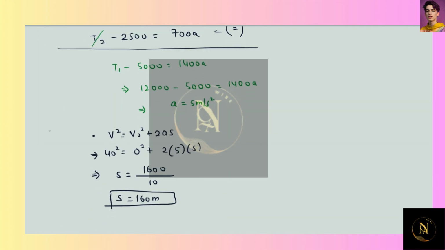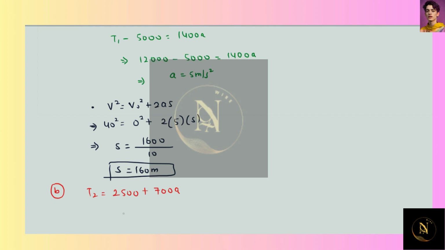From the second equation, T2 is equal to 2500 plus 700a, adding 2500 to both sides. We already have the value of a as 5, so that's 700 times 5 plus 2500. That's coming as 6000.